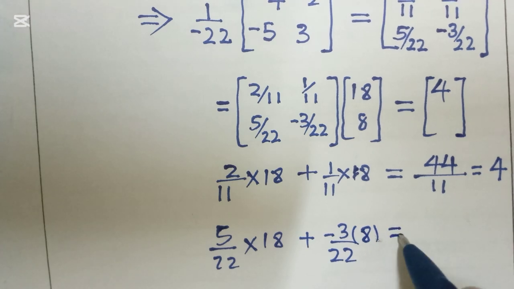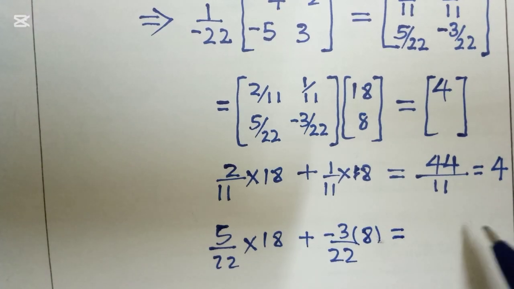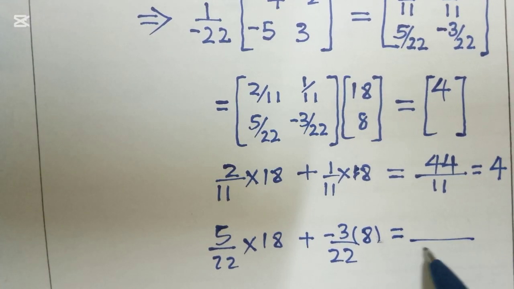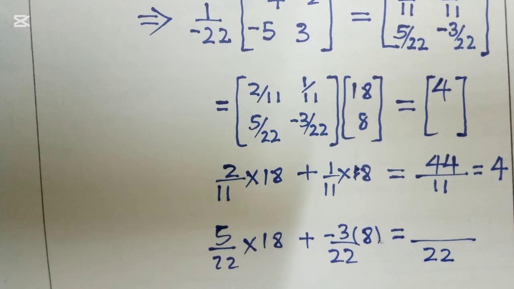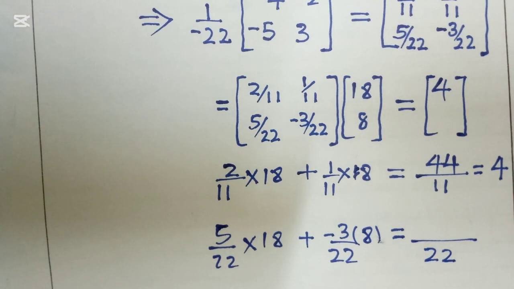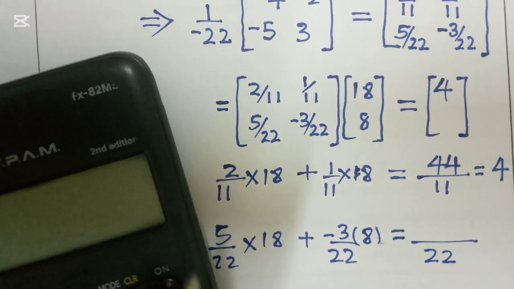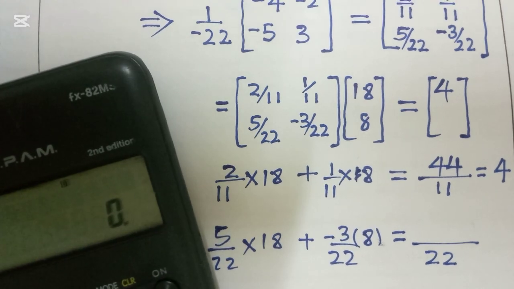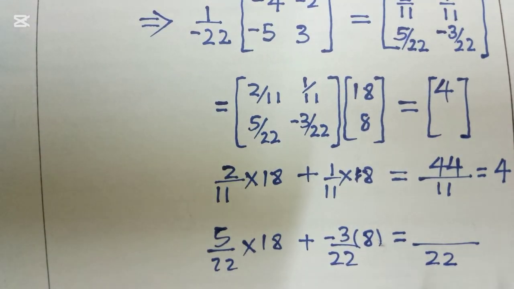This one now gives us all of this over 22. 5 times 18 gives us 90.